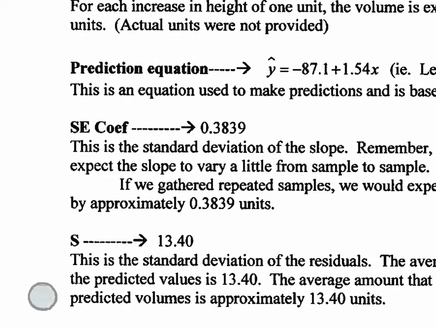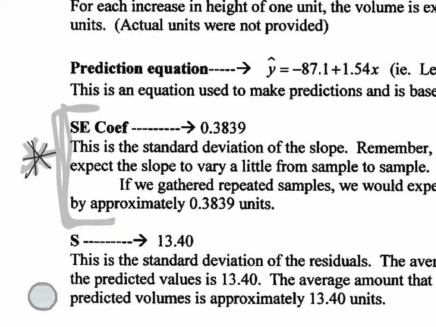And voila, here it is. This standard error coefficient. So that is the standard error coefficient that we had up above. And so here's what it says. It's the standard deviation of the slope.